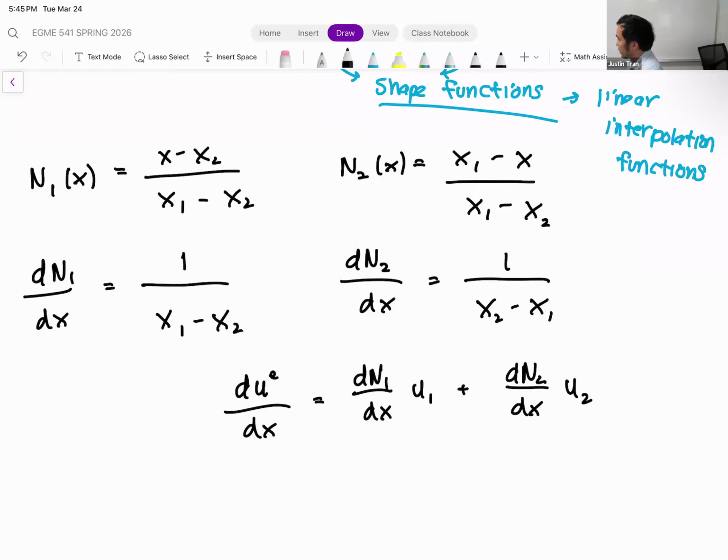Okay. All right, so we've defined a lot of expressions here, a lot of terms. Let's actually get to use this. The next step in this procedure is to take these expressions, with shape functions and everything, and plug that into the weak form of our boundary value problem.